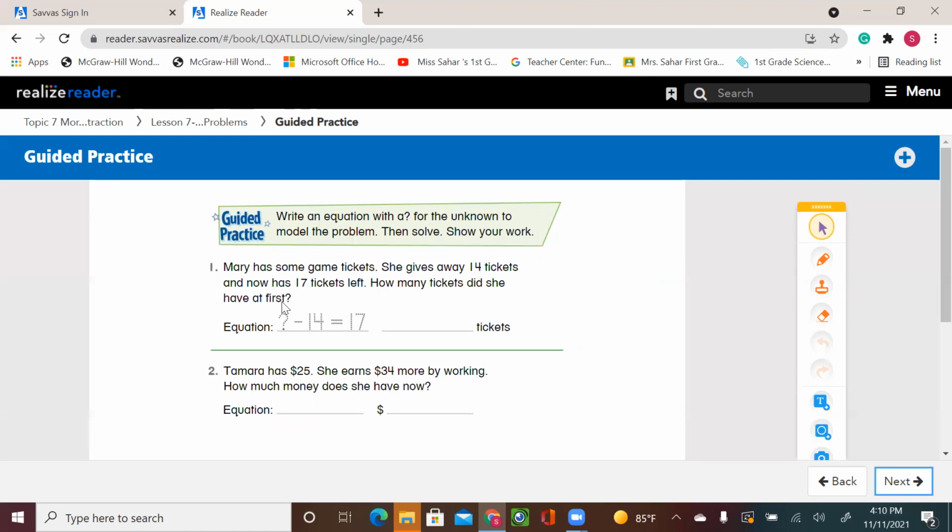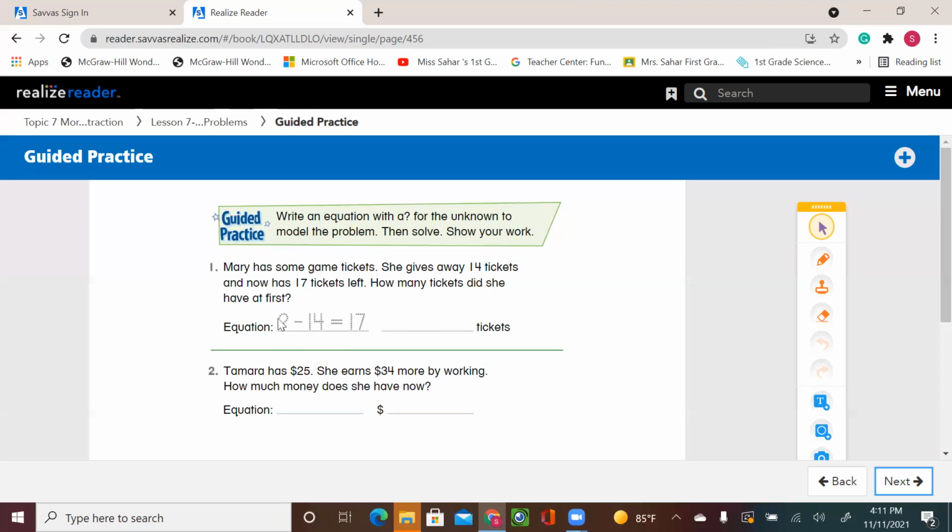So I know what's left with her, I know one of the addends, but I cannot tell how many she started with. So over here, they need us to use subtraction. So they said something minus 14 equals 17.